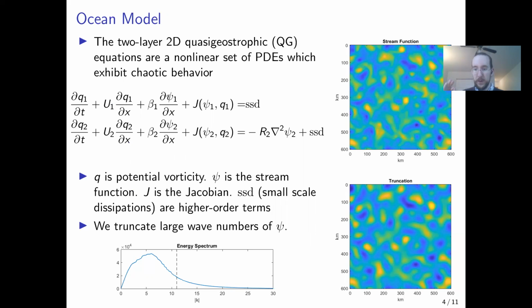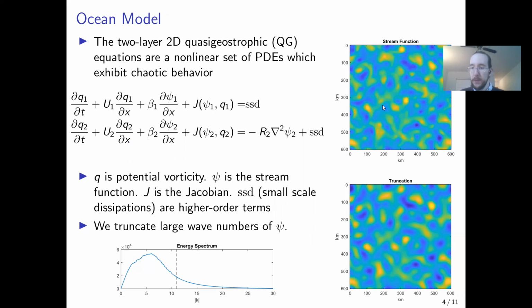We are mainly focused on the stream function. Here's a plot of the stream function. The contours of the stream function are the streamlines of the resulting velocity field, which will drive the flows. The velocity field is determined by the stream function, so we will mainly focus on that.